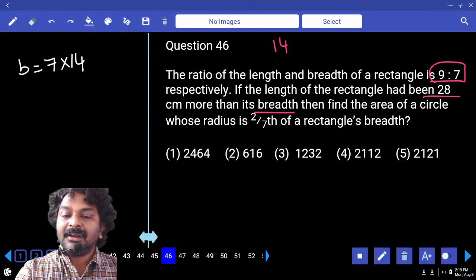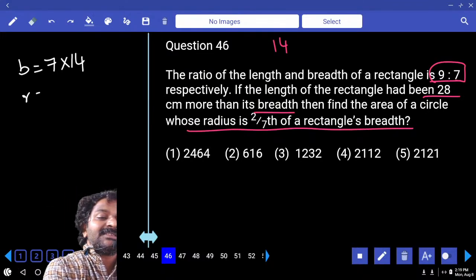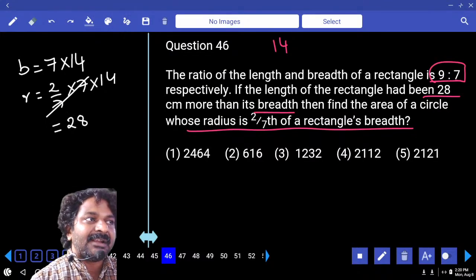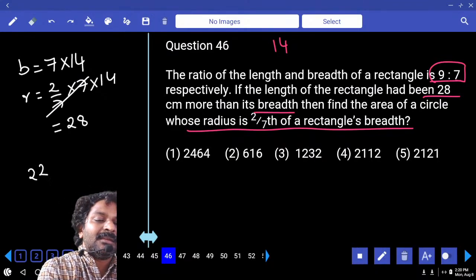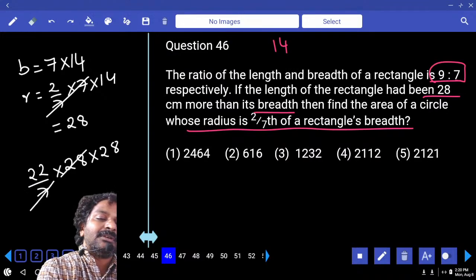Now radius is equal to 2/7 of the breadth, which is 7 parts. Clear? 7 gets cancelled. So how much is the radius? 28. Now we have the radius, so directly we can calculate the circle area. Pi r square, that is 22/7 into 28 into 28. 7 how many times? 4 times.